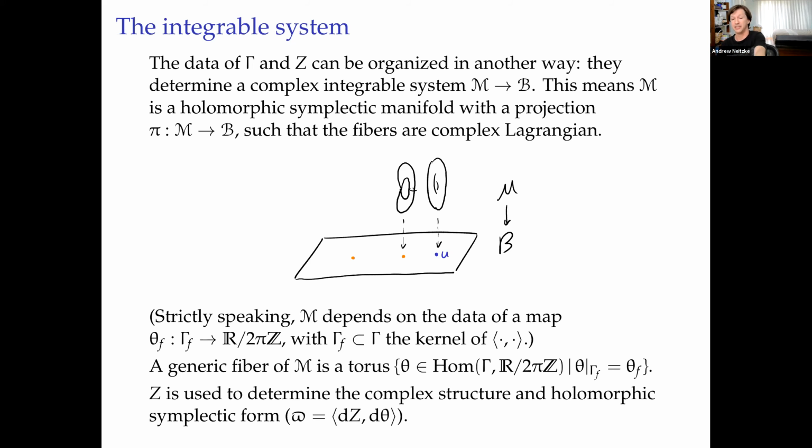Where that comes from is these functions Z. So there's a sort of cryptic looking formula which describes the holomorphic symplectic form. It's determined just by the derivatives of Z. Okay. So having this local system of lattices together with these functions from the lattices to the complex numbers determines for you this complex integrable system over the base.